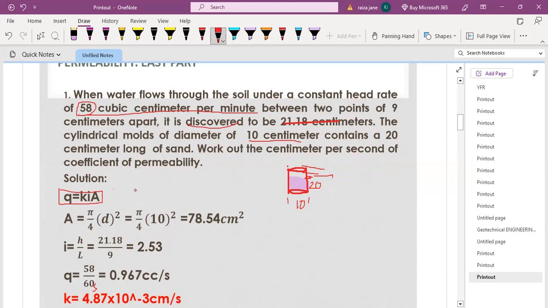We have 0.967 is equal to k, ayun yung coefficient of permeability na hinahanap natin, times yung hydraulic gradient na 2.53 and multiply natin sa area, which is 78.54.